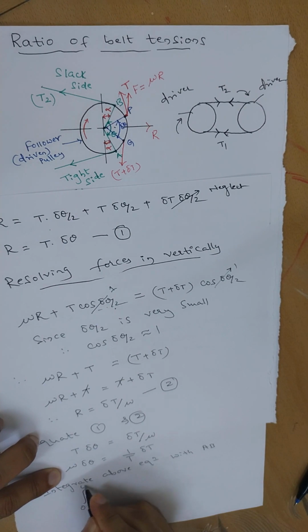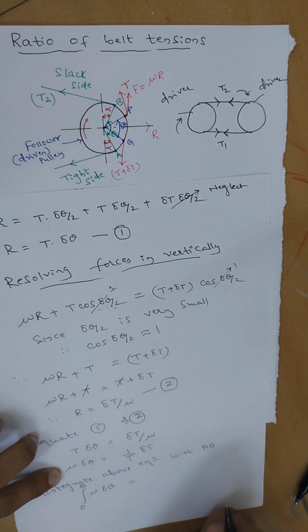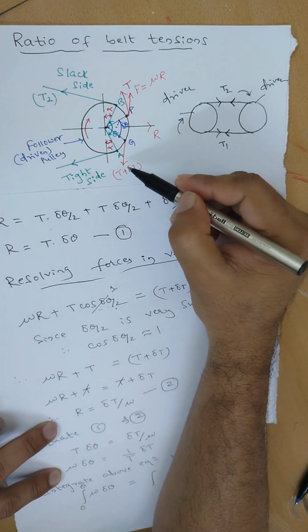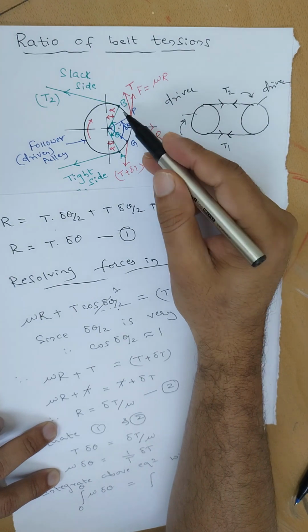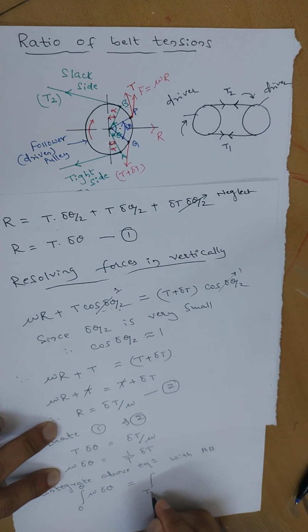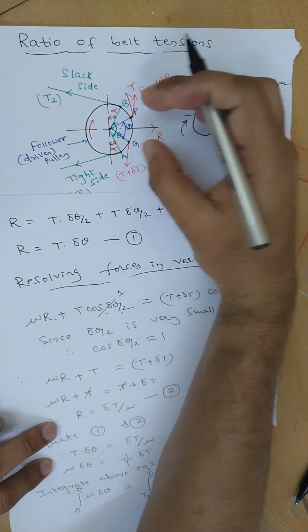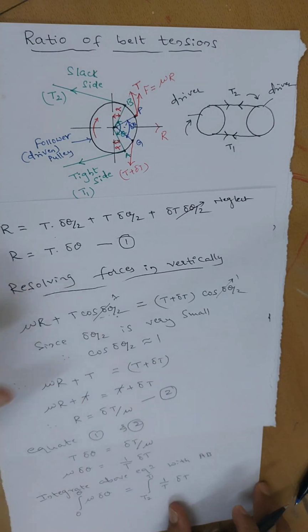Integration of 0 to theta, mu into d theta, equal to, what is the next integration? That is T2 to T1, because it starts from T2 and T1, that is T2 to T1, 1 by T into dT. This is for the whole portion AB. This is T1, T2.